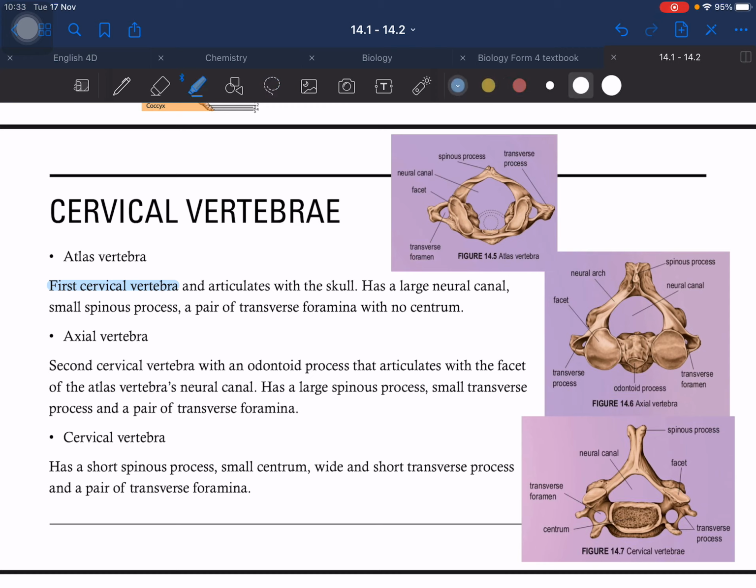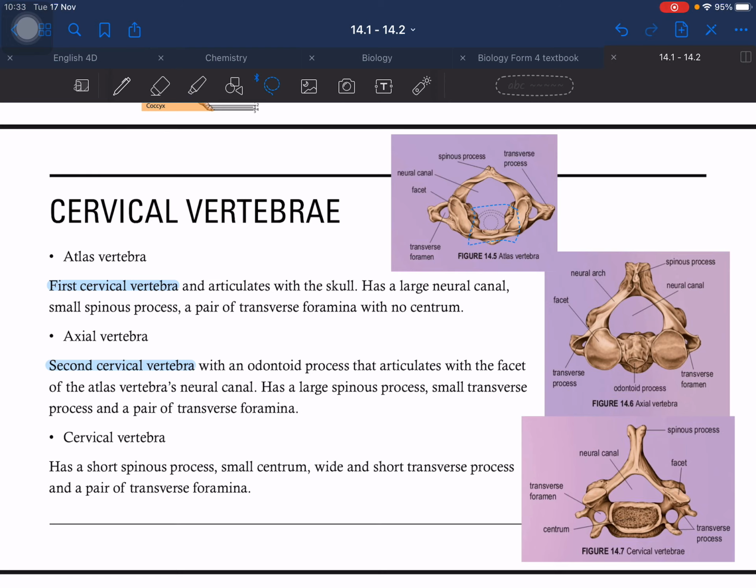The axis vertebra is the second cervical vertebra with an odontoid process. So an odontoid process is this thing. It's quite flat, right? That articulates with the facet of the atlas vertebra's neural canal. So over here.